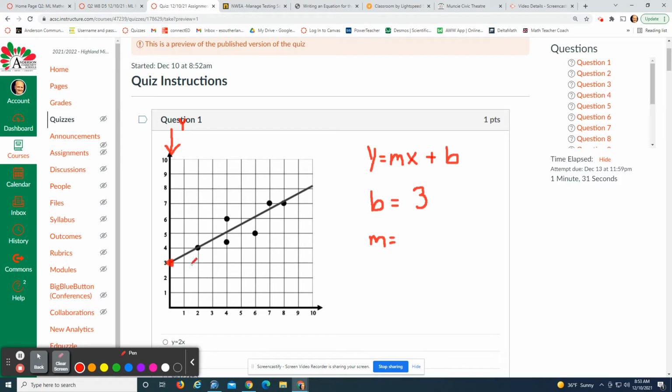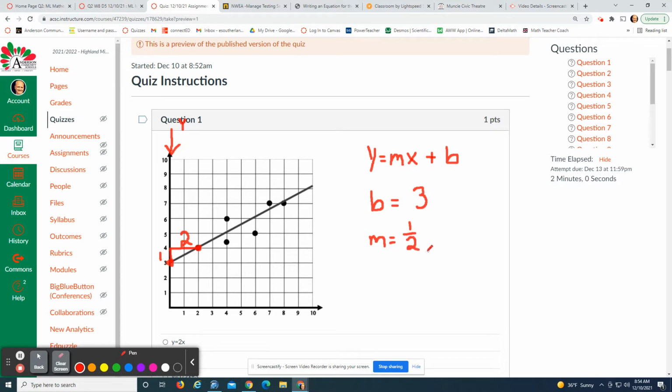For slope, we follow the line to the right until it crosses again in the corner of a box, which is right here. I then can draw a right triangle. It rises 1 and runs 2. Slope is rise over run, 1 over 2.